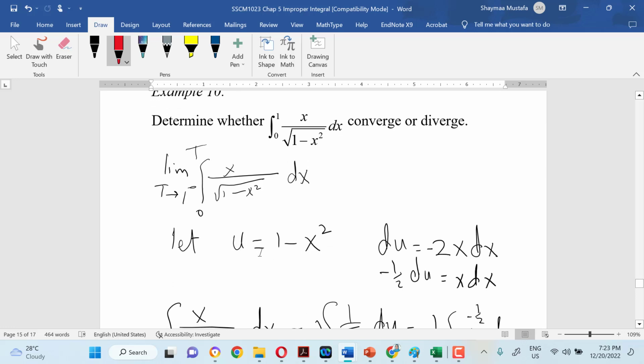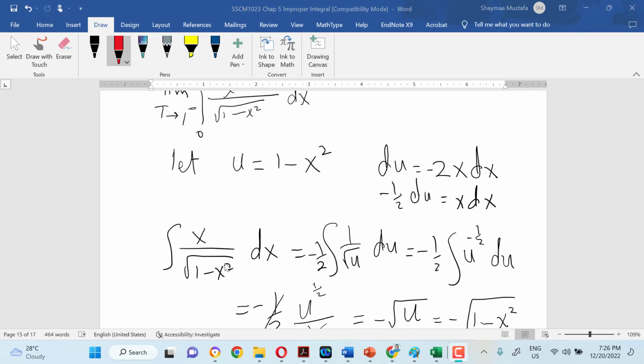This integral can be evaluated using the substitution method. Take u equal to 1 minus x squared. Taking the derivative of both sides, du is minus 2x dx, so x dx is minus 1 over 2 du. Now we need to calculate the integral: x dx is replaced by minus 1 over 2 du, and 1 over the square root of 1 minus x squared is 1 over the square root of u, which is u to the power minus 1 over 2.